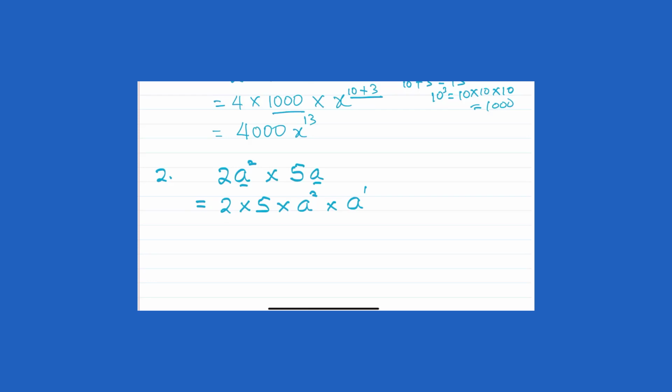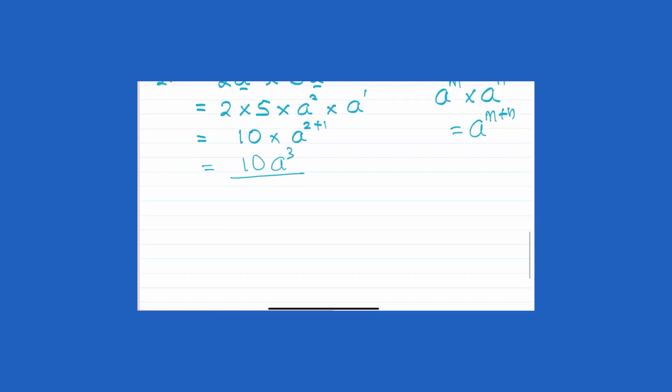So what do we do? We carry out the number operation. 2 multiplied by 5 will give us 10, and then we have a to the power of 2 plus 1. Because they are common variables, the base power is the same. We have a^m times a^n equals a^(m+n). So that is why we added 2 plus 1 together. So this gives us 10a to the power of 3, and that is your final answer there.